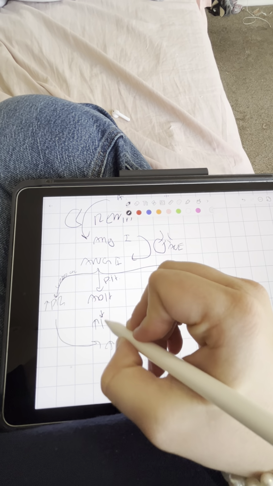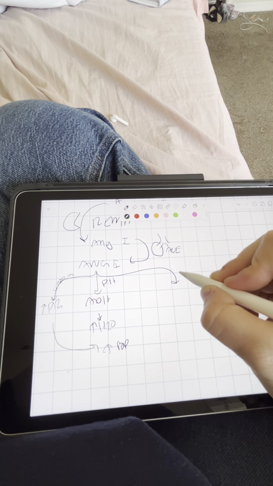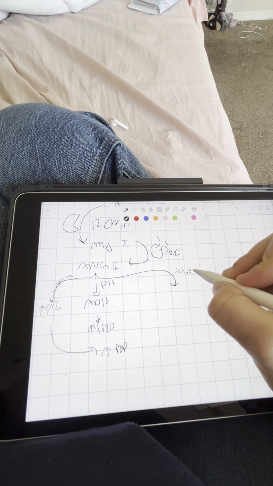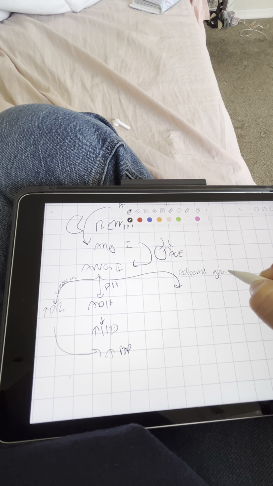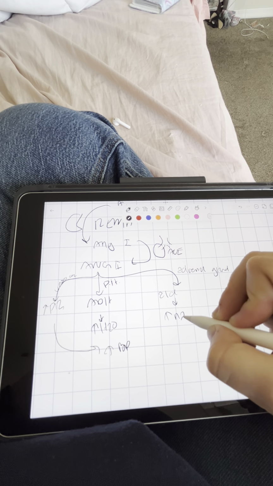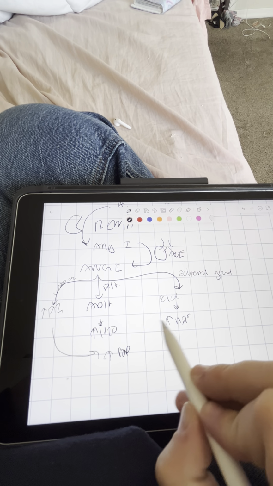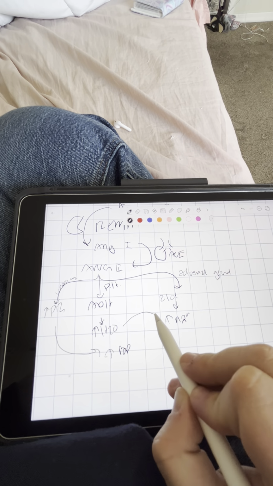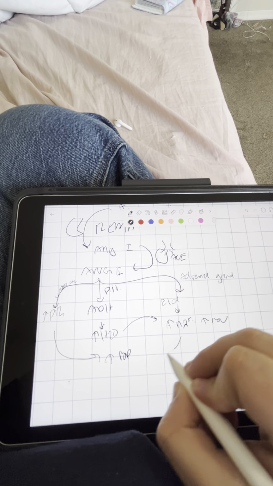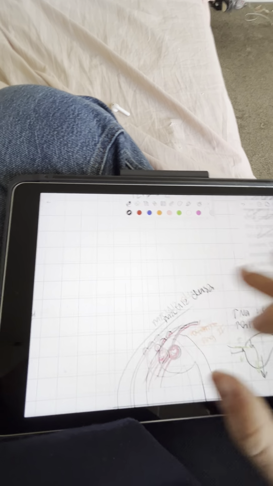ADH is going to increase your water reabsorption, and then it's going to go to your adrenal gland, I'm pretty sure, and your adrenal gland is going to release aldosterone, which is then going to increase your salt. And if you have salt, water is going to follow. So this is just to increase your blood volume, and all of that is going to increase your blood pressure.